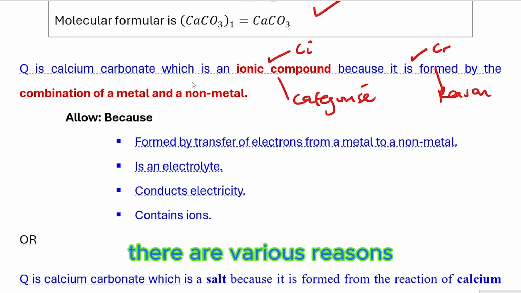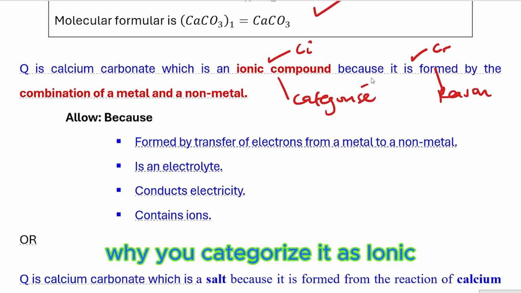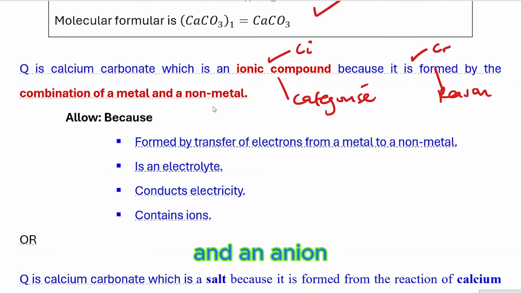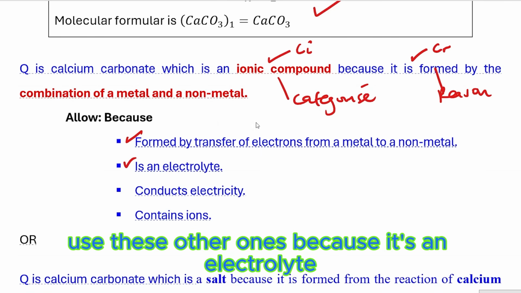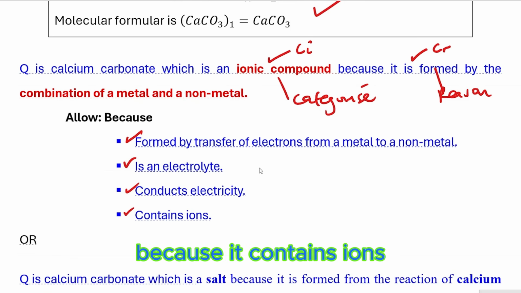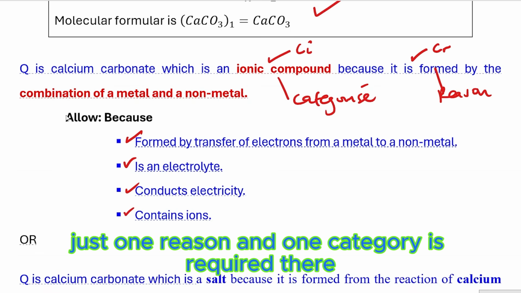There are various reasons why you categorize it as ionic. Either you say because it's formed from a combination of a metal and a non-metal, or rather use these other ones: because it's an electrolyte, because it conducts electricity, because it contains ions. Just one reason and one category is required there.